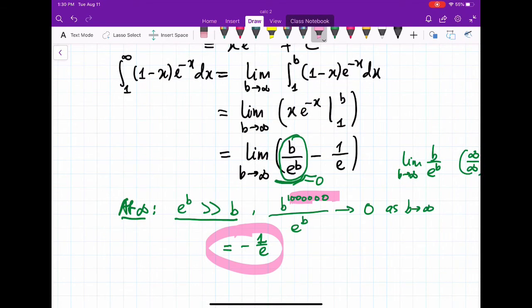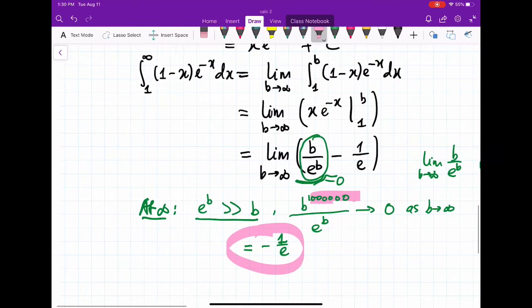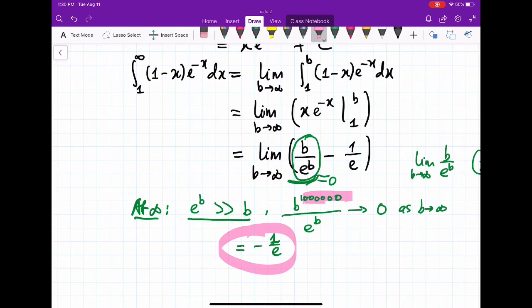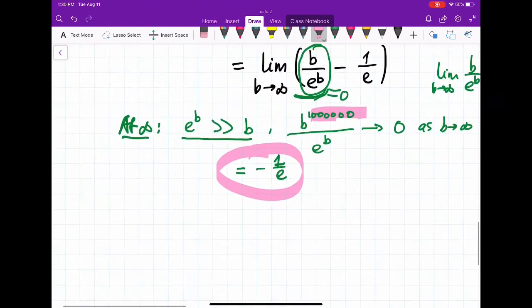So the limit is equal to negative 1 over e. Why do you have negative in here? That is reasonable, because the function (1 minus x) times e to negative x is less than 0 on 1 to infinity. So you have negative area.